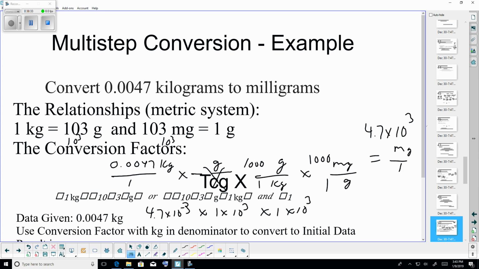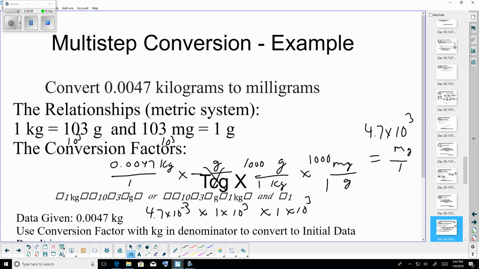When you multiply exponents, what do you do? You add them. So I have 4.7 times 1 is 4.7. 10 to the minus 3 times 10 to the 3 is 10 to the 0. So 4.7 times 10 to the third.